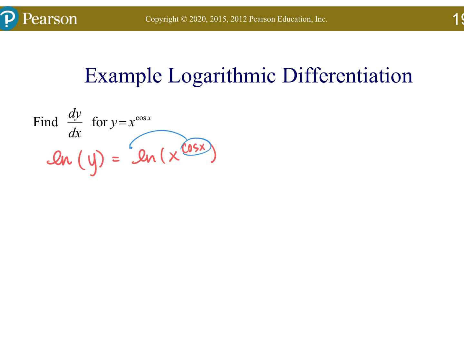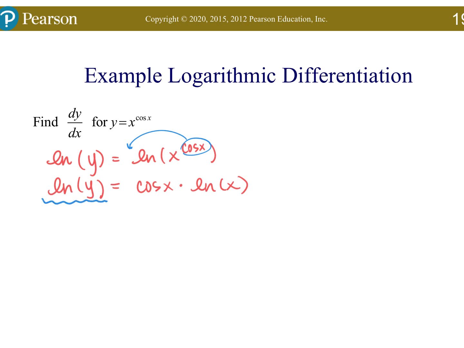That's not a derivative, that's just a property of logarithms. So now I'll have the logarithm of y and the cosine of x times the logarithm, and the logarithm is just around the x now. That's the first step in the process, bring in the logarithm and do it on both sides. The second step is bring in the derivative rules you need and do them on both sides. There need to be derivative rules on both sides of this problem.